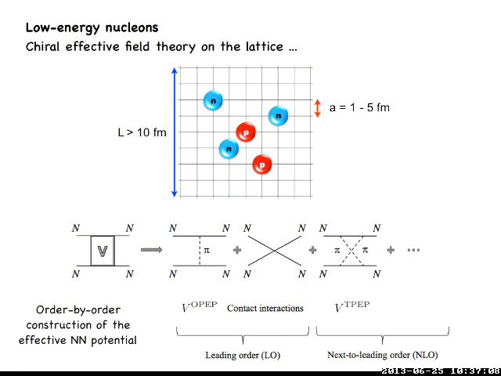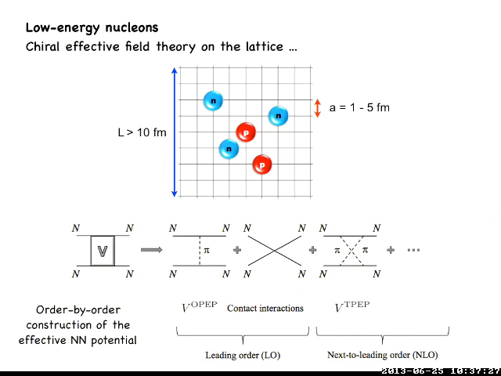And the size of the box is at least larger than 10 Fermi. So the nucleons are actually not resolved in this approach. They are treated as point-like objects in this approach.